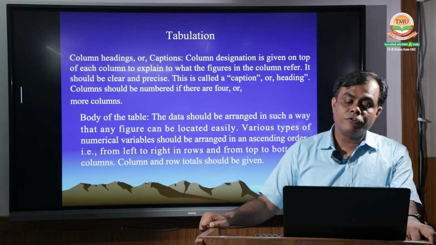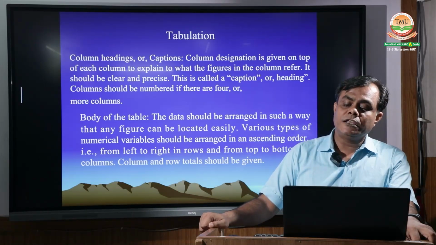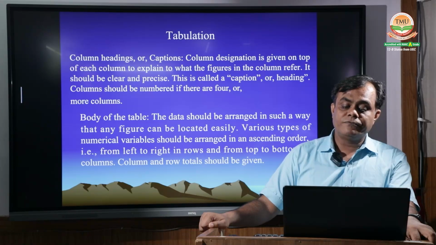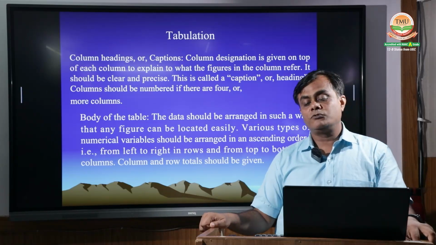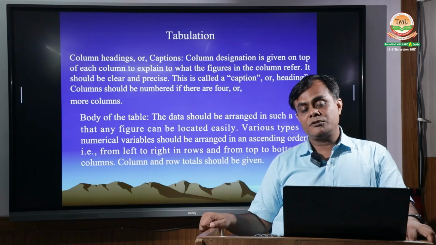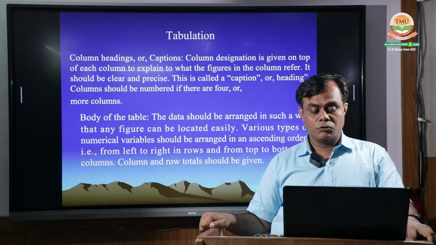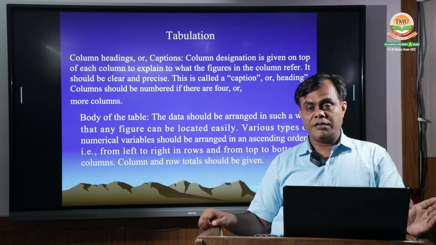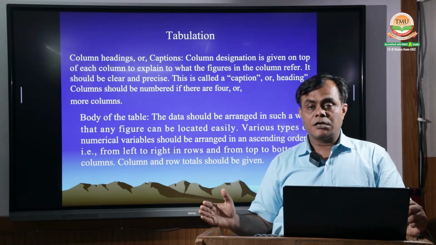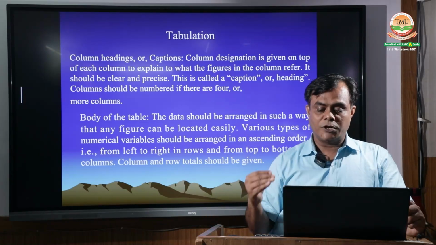Various numerical variables should be arranged in ascending order, from left to right in a row and from top to bottom in a column. So row motion is from left to right and column motion is from top to bottom.